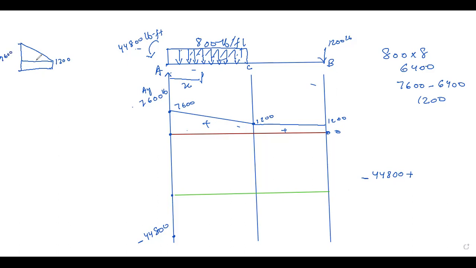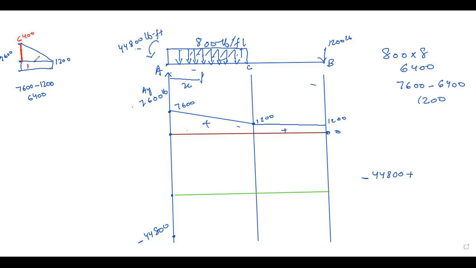So what is the value from here to here? 7600 minus 1200 is equal to 6400. I'll represent this value with the red line. The value from here to here will be 6400. So we have two bodies basically.